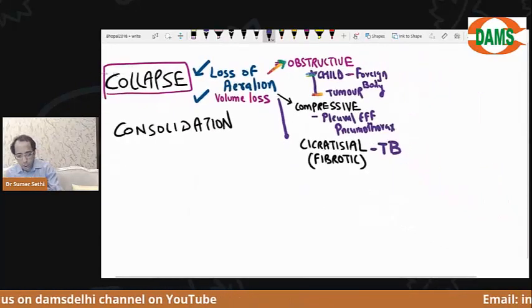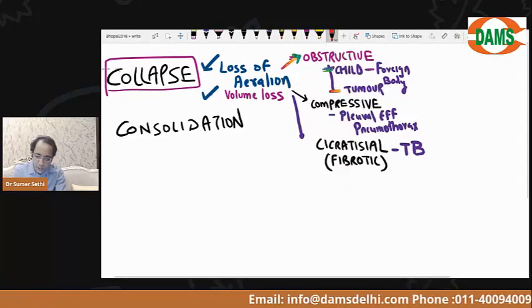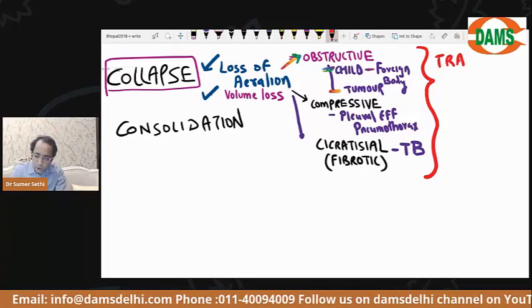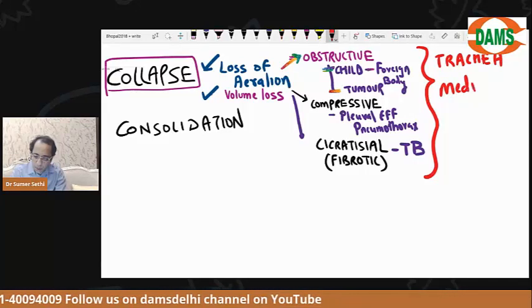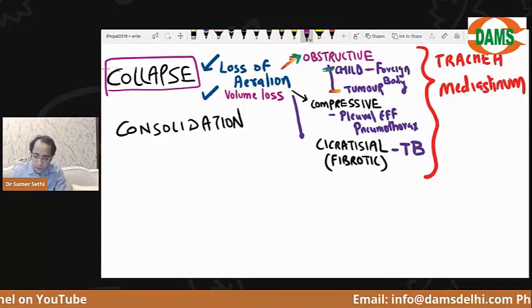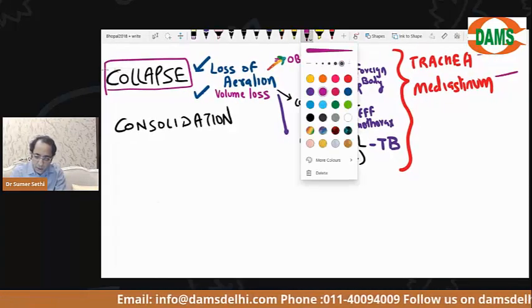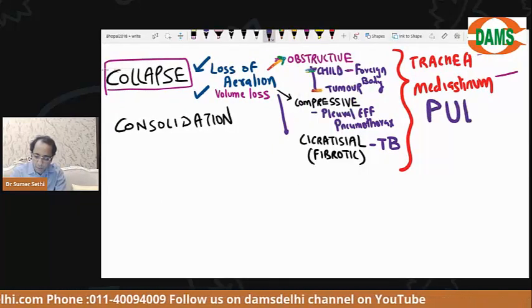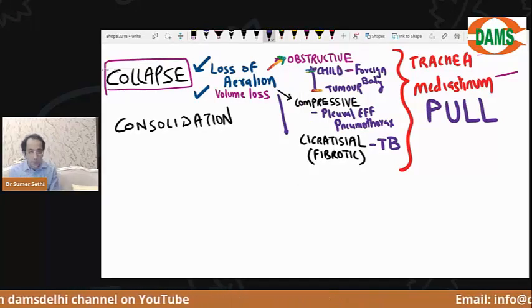Now, before I show you the X-rays, I just want to form a concept. What will happen to the trachea and mediastinum in collapse? Beta, tell me. They will be pulled towards the disease.